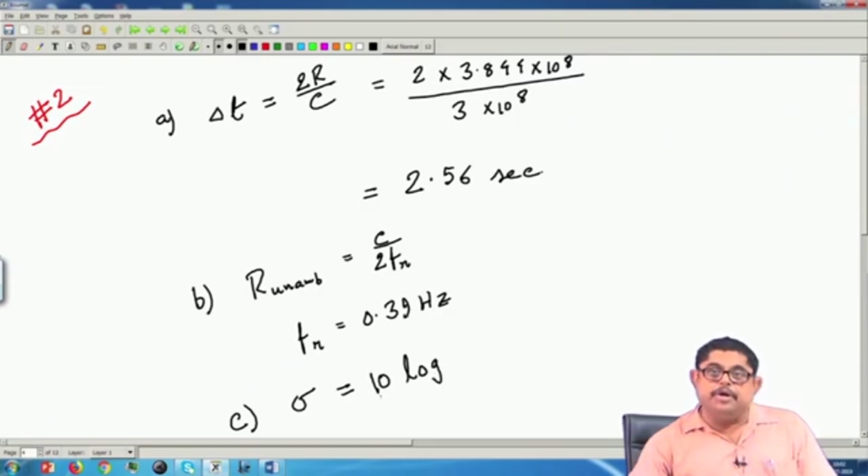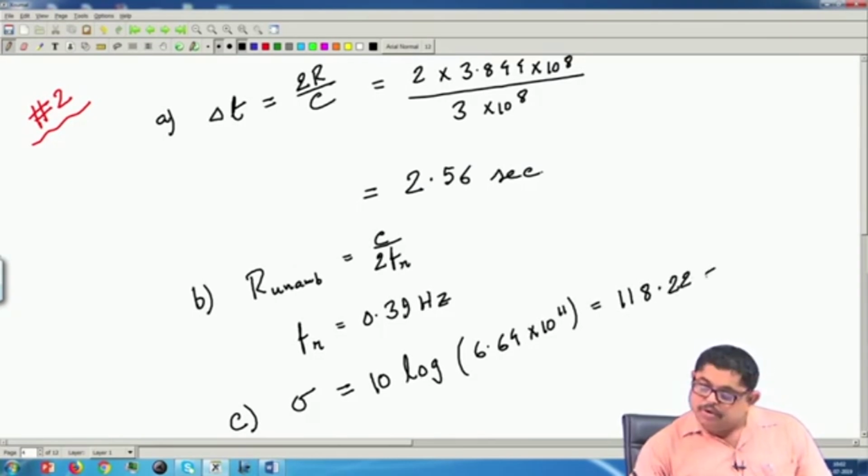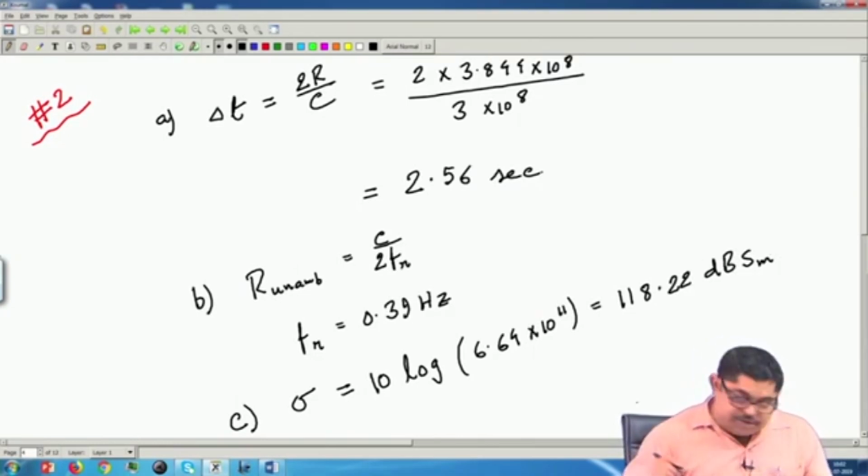This is important, you should remember that for RCS we take 10 log. So, it is given 6.64 into 10 to the power 11. So, that will be 118.22 dBsm, decibels relative to a square meter. So, this is all done.